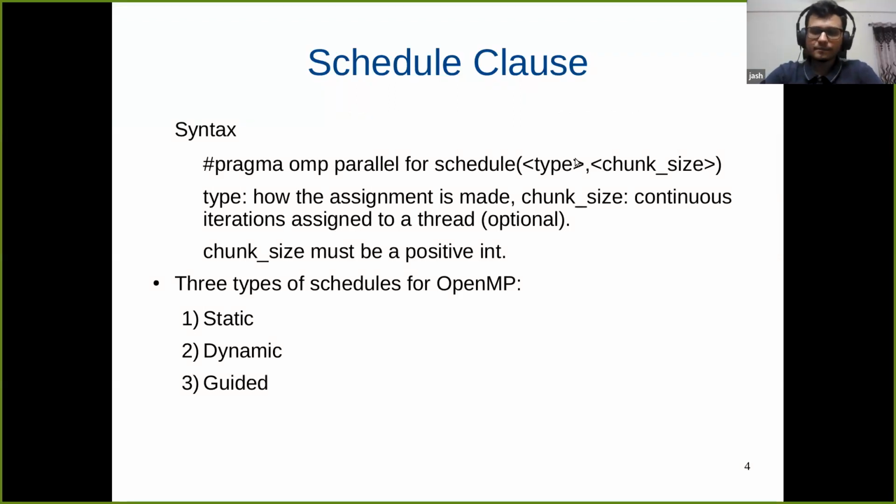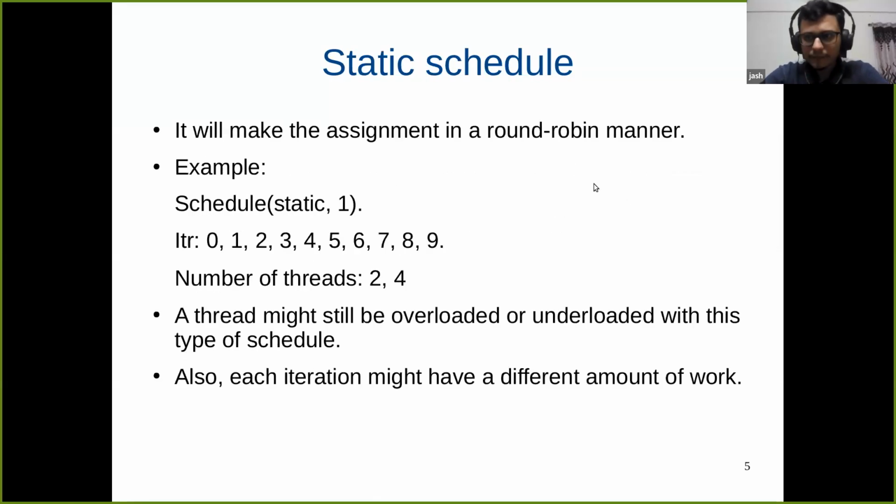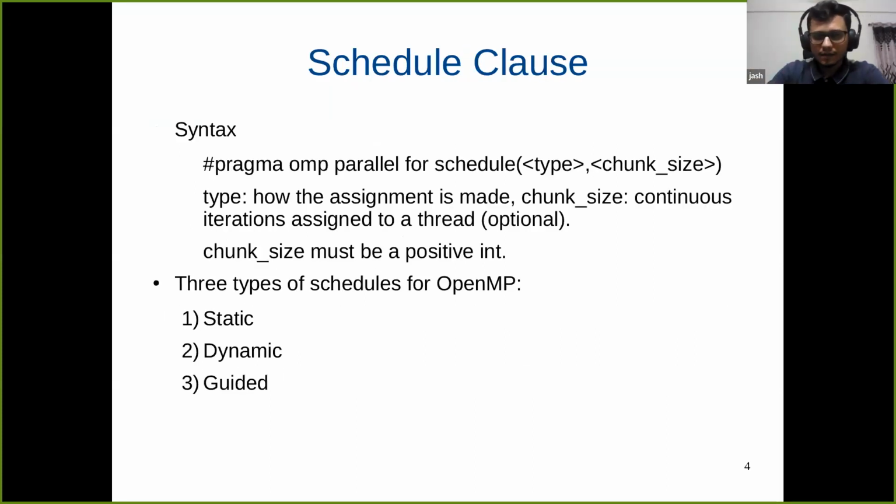Okay, so coming to the static schedule, which is the first one here. Static schedule is quite simple. Coming back to the syntax here, #pragma omp parallel for schedule followed by type, which is static in this case.